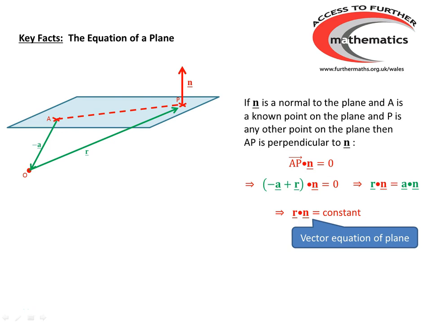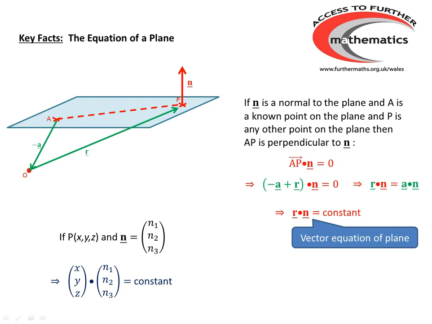If P has coordinates x, y, z, and the normal n is the vector n1, n2, n3, then we know that the position vector of P, that's the vector x, y, z, dot n1, n2, n3, must equal a constant.